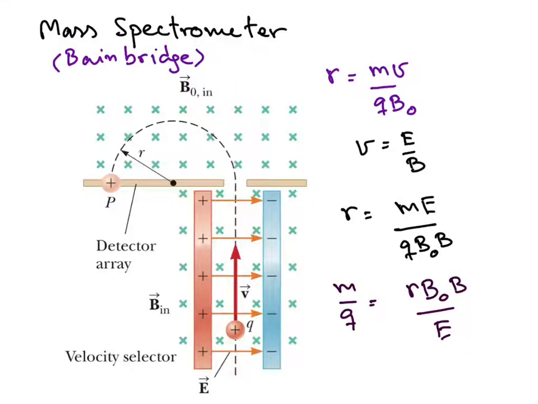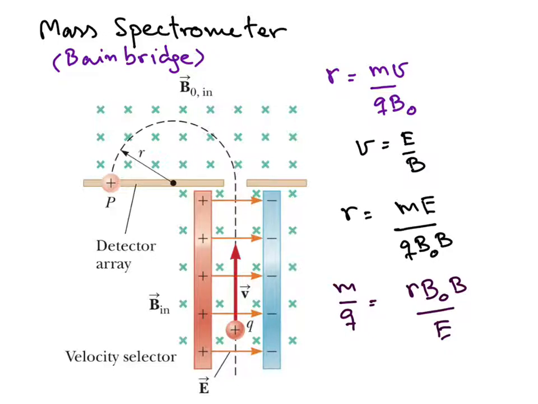The second application of a moving charge in a uniform magnetic field is a mass spectrometer, as shown in the figure. In this configuration, we call it a Bainbridge mass spectrometer.